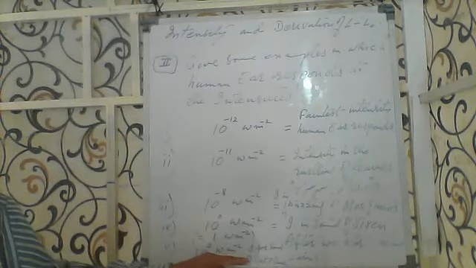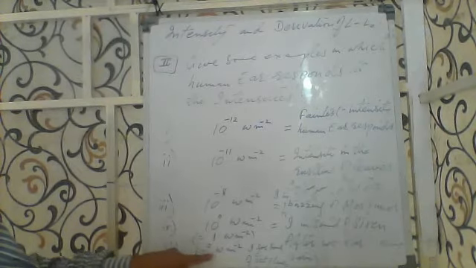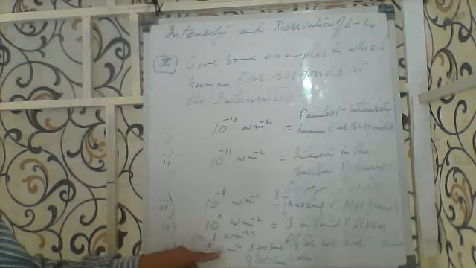If a jet plane is passing nearby, its intensity level is 10 raised to power 3, or 1000 watt per meter square.